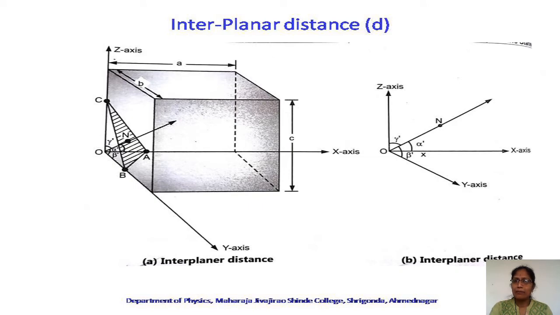Alpha is the angle made by the normal with OA, beta is the angle made by this ON, that is the normal, with OB, and gamma is the angle made by the normal ON with OC. Therefore, we have defined here alpha dash, beta dash and gamma dash. These are the respective angles between the normal ON and OA, OB and OC.